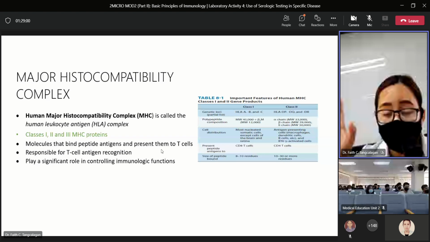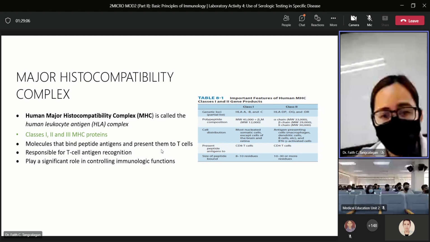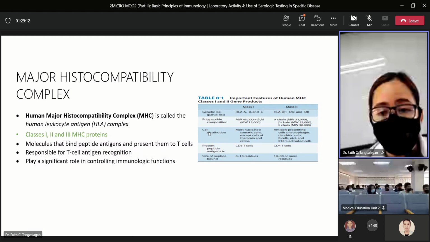Most of them are class 1, coming from nucleated somatic cells. Your class 2 usually comes from antigen presenting cells, your first line defense: macrophages, dendritic cells, B cells, and so on.